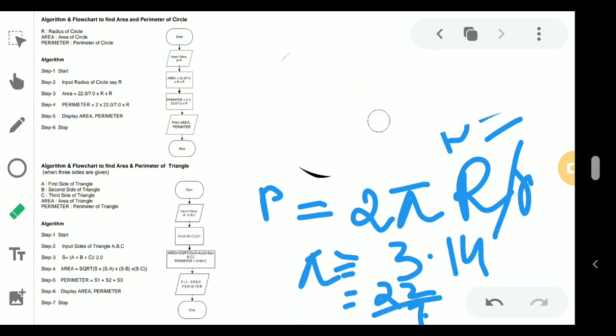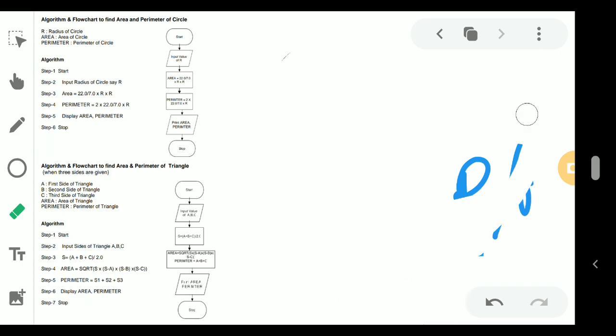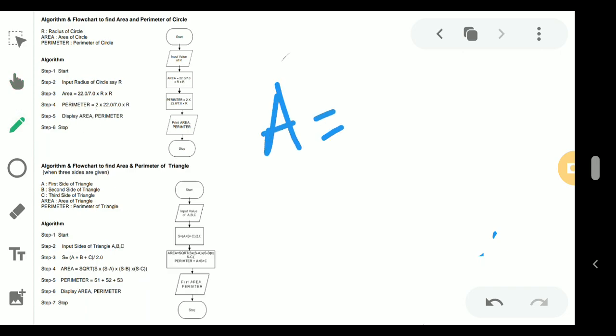Let's first understand the algorithm. From the algorithm we will design the flowchart one by one. First it is written start, then input the radius of a circle, say r. I need to know the radius of the circle first. Then step 3, we calculate the area. The formula is area equals pi r square.